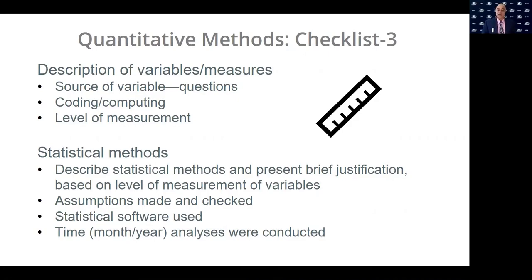And talk about level of measurement if there is room in terms of your word limit, because level of measurement is what helps you and readers assess whether or not your statistical methods are appropriate. When we talk about levels of measurement, we are talking about nominal, ordinal, interval, or ratio.